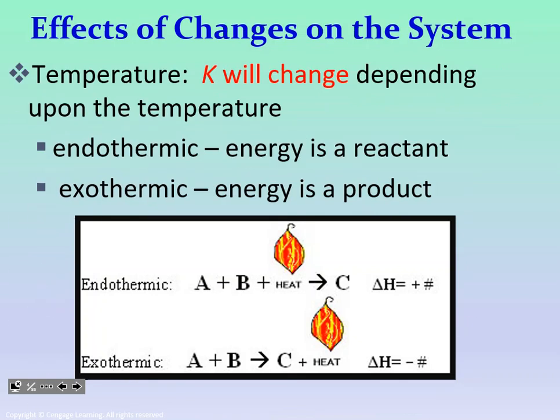Talk about heat. Talk about changing temperature. This is the only case for any of our equilibrium constants, and there are a number of them. The only time K will change is if you change the temperature. This is because it affects the kinetics or the speed of the reaction.